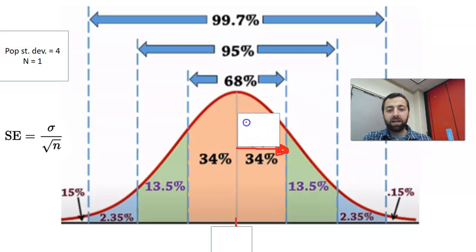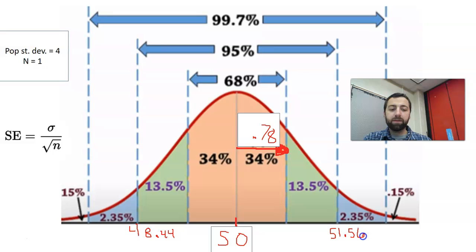So just as a reminder, if we believe the radio station, then the true average is 50. The standard error is 0.78. This lower bound is 48.44. All right, and the upper bound was 51.56.